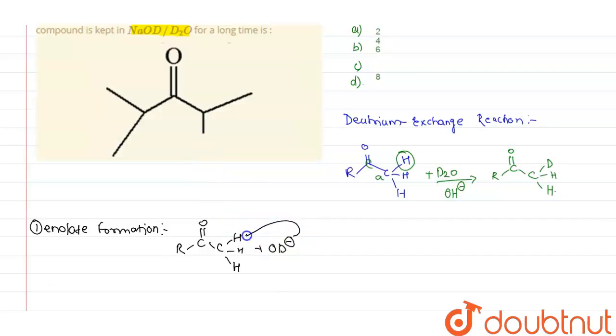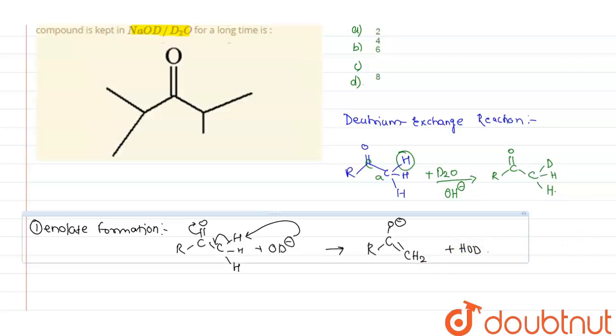This OD minus will take this hydrogen, the carbon hydrogen bond will break, and O minus will form. So enolate formation occurs. This C O minus is the enolate, with C double bond C and H2 present here along with HOD.